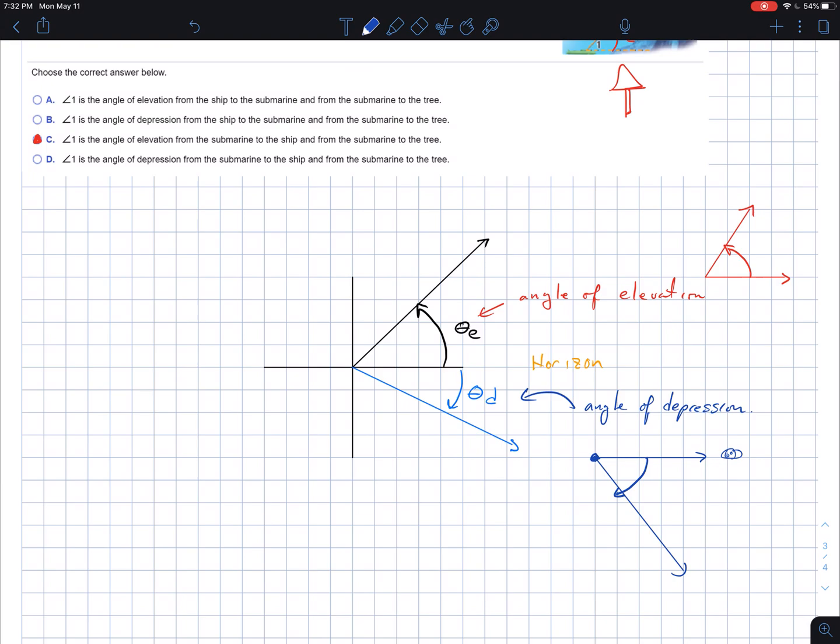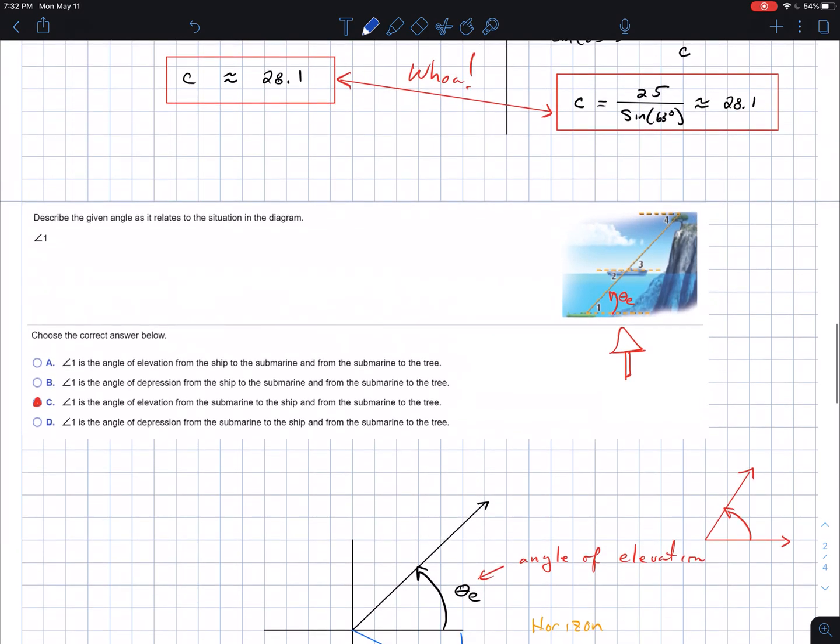So the answer to this question, because we can clearly see that angle 1 is a positive slope, which is helpful, and the angle of elevation is rotating upward, is that it is an angle of elevation from the submarine, the bottom, all the way up to the ship, and then it will continue to the tree.